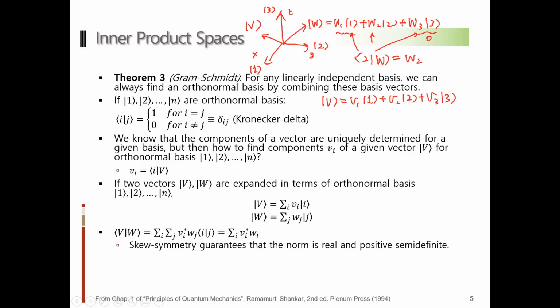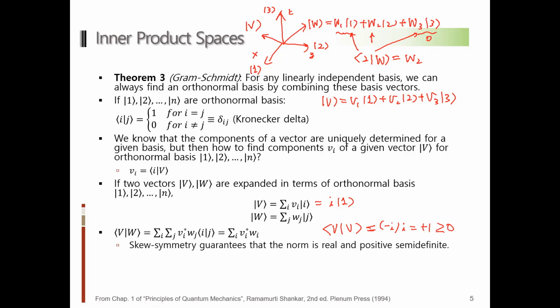For example, if we have this v vector as i times 1, and all other terms are 0, then the norm of the same vector v will be, with this property, a minus i times i, so it will be plus 1, and it will be larger than or equal to 0.